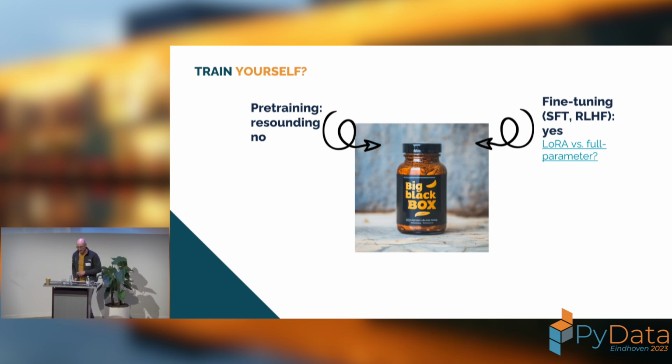All right, and then the question is, should you train these models yourself? Of course, if we talk about the first stage of training, pre-training your own foundation model, that is certainly not possible unless you work for a really big company, OpenAI, Google, and co. But if you want to fine-tune an existing model to your specific use case, be it very simple supervised fine-tuning or some form of reinforcement learning through human feedback, that is certainly doable, and it depends on what use case you have, if that makes sense and if it's feasible.